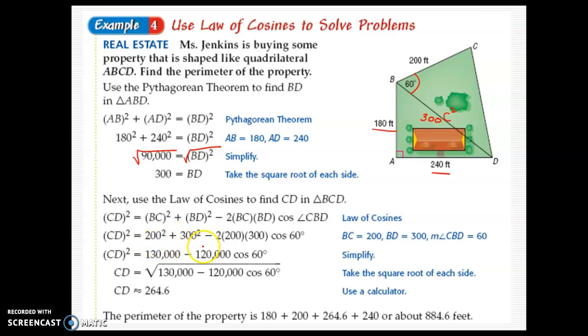So 200 squared plus 300 squared, that is 40,000 and 90,000, which gives you 130,000, minus this 120,000 cosine of 60. So when you take a square root of both sides, you end up that CD is about 264.6. So if you add up all four sides, which is what you do here, you will get about 884.6 feet.